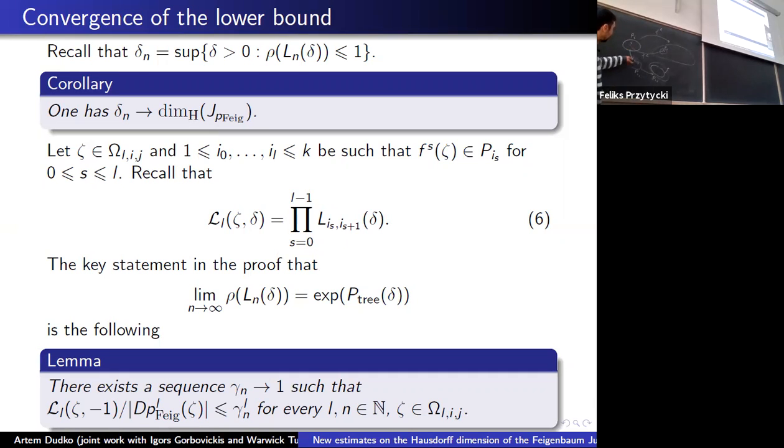So the product of entries of the Macmillan matrix gives us kind of the derivative of the pseudo orbit, but also we have the true orbit. So the ratio is bounded by some gamma n raised to power L, where gamma n converges to 1 when n goes to infinity.